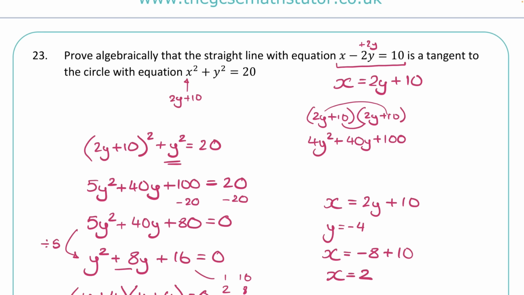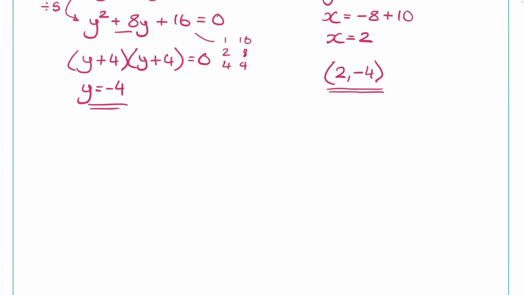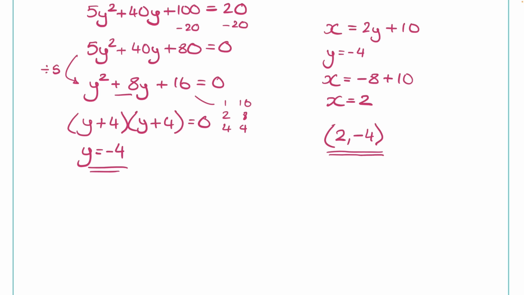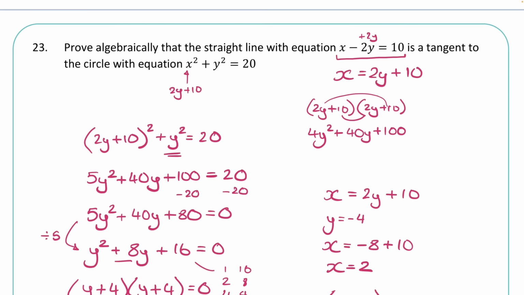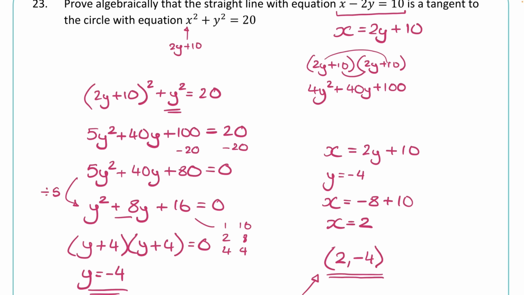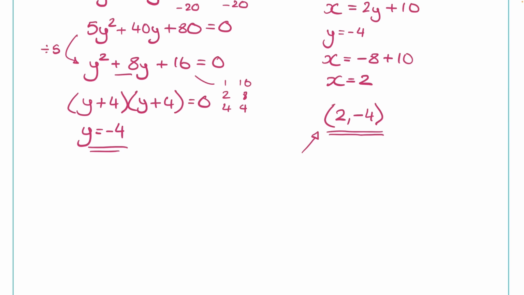Now, typically with a question like this, we just need to ask ourselves the question, is it enough to just write a coordinate there? So I would probably, with something like this, and typically with any question that says prove, particularly algebraically, we want our answer to make a lot of sense. Here, does just writing a coordinate make sense?